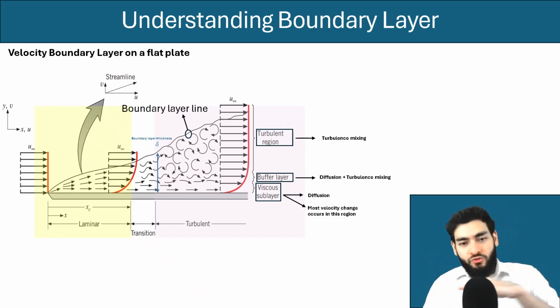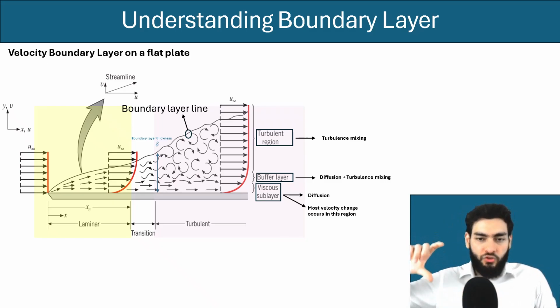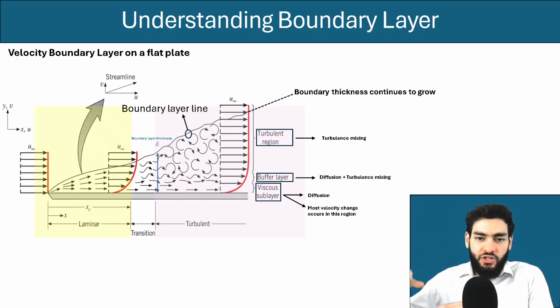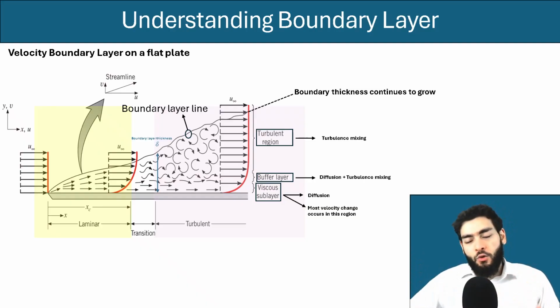As you move now downstream along the plate, the boundary layer thickness grows, as I mentioned. The wall is now separated from the free stream by a larger region of slower moving fluid. Even though turbulence still mixes the fluid reaching the wall, the fluid near the wall has a lower velocity than before.